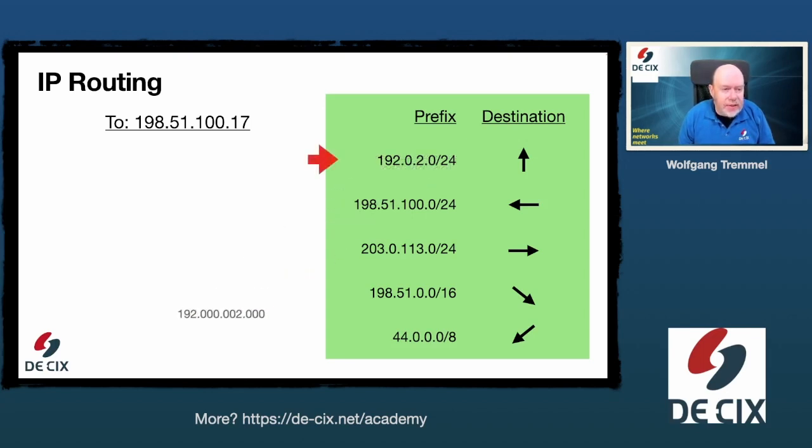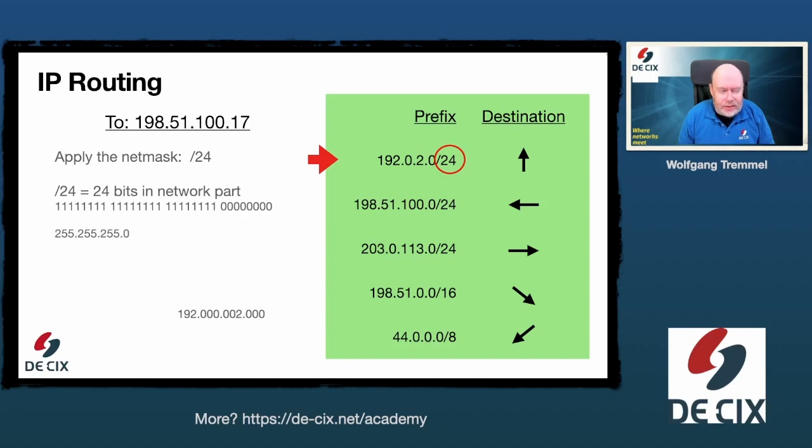We take the IP address, we apply the net mask, in this case of /24. In the routing table, we make a logical AND with the network part. So we mask out the host part, and then we check if it matches. And in this case, you see, it doesn't match.